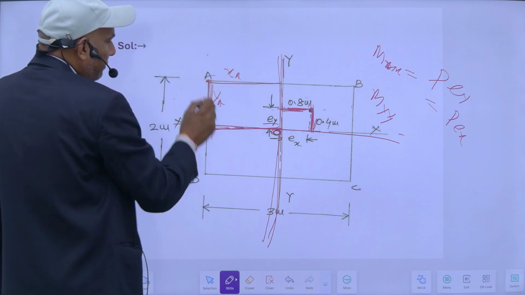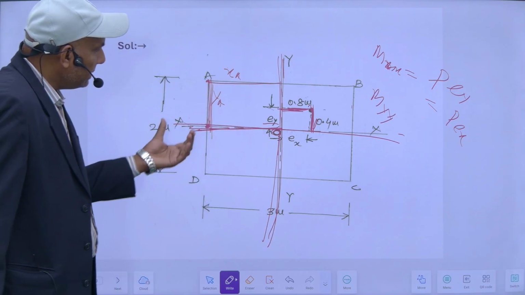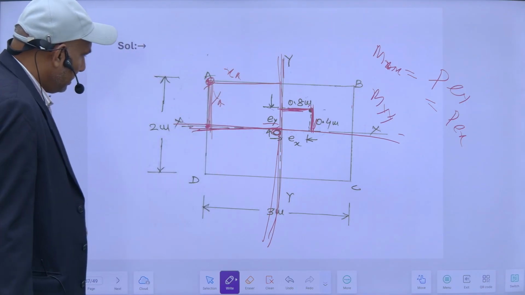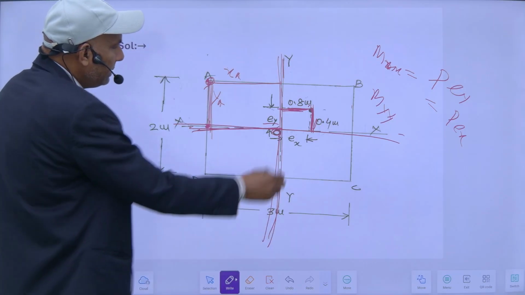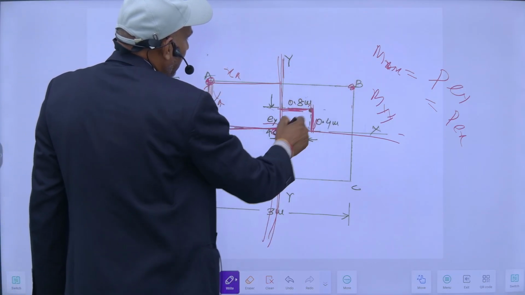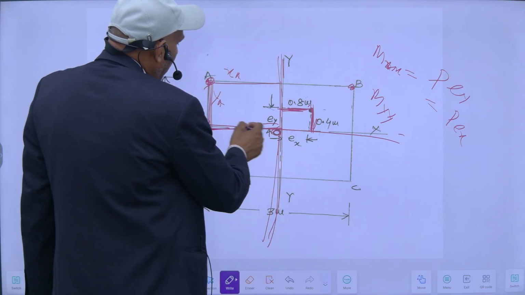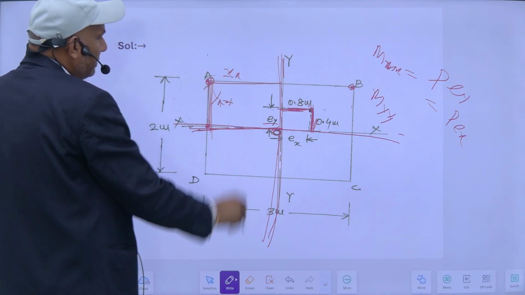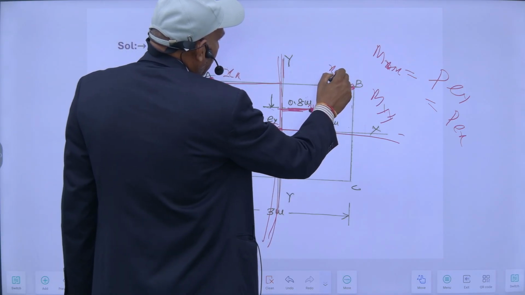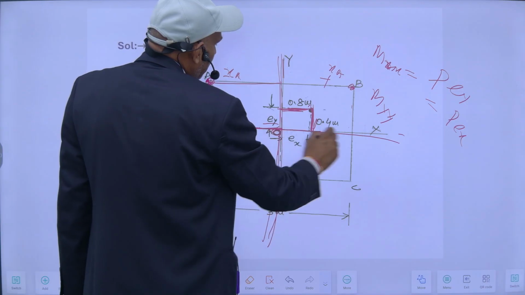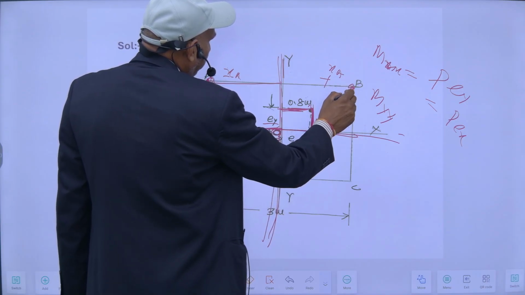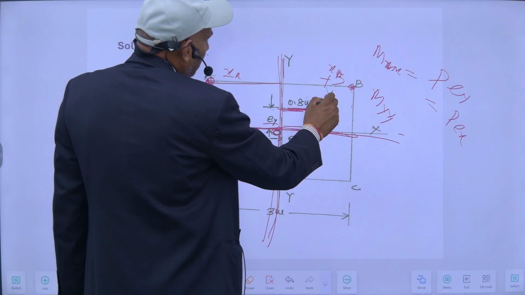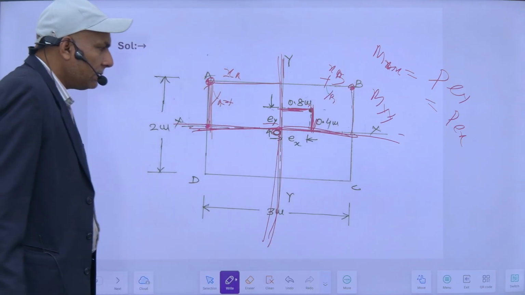The distance of this point from the origin along the x-axis is XA, and this is YA. So for this and this point also it will be XA and YA. Here XA is positive, it is on this coordinate, and this is XB and this is YB. Both are positive since it is in the first quadrant.